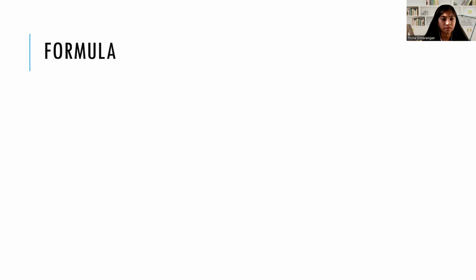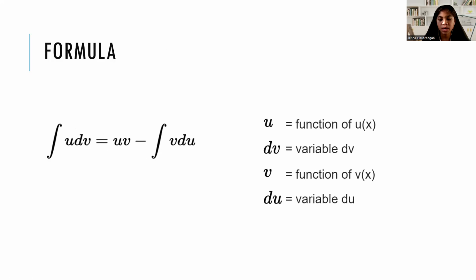Again, just a review, the formula for integrating using integration by parts is the integral of u dv equals uv minus the integral of v du, where u is a function of x, dv is a variable dv, v is a function of x, and du is a variable du.